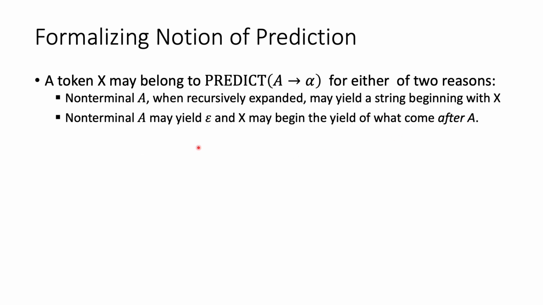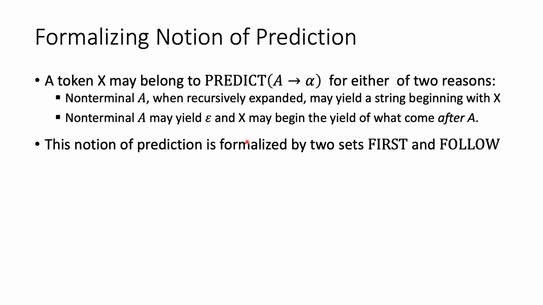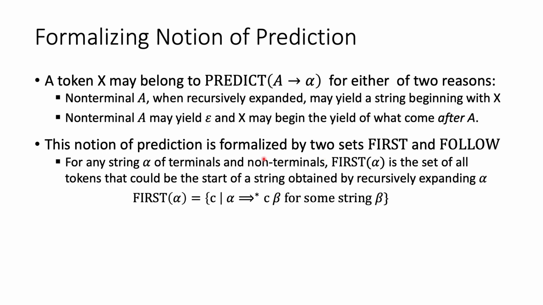This notion of prediction is formalized by defining 2 sets, first and follow. For any string alpha of terminals and non-terminals, the set first of alpha is the set of all tokens that could be the start of a string obtained by recursively expanding alpha.